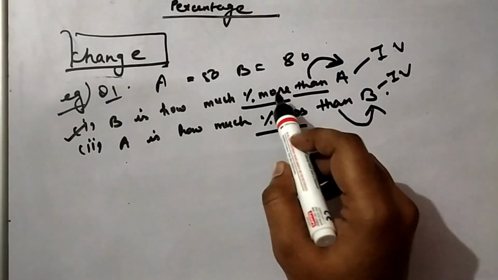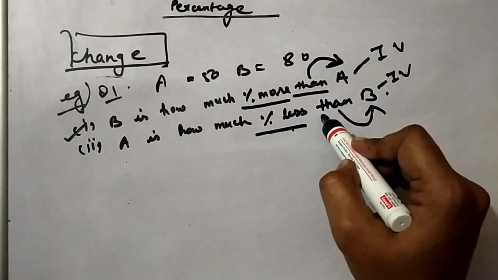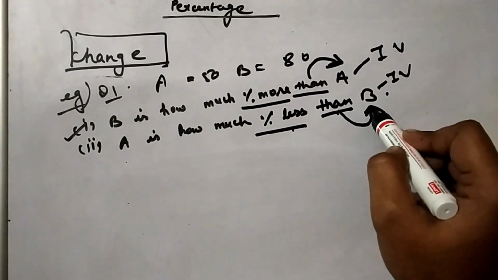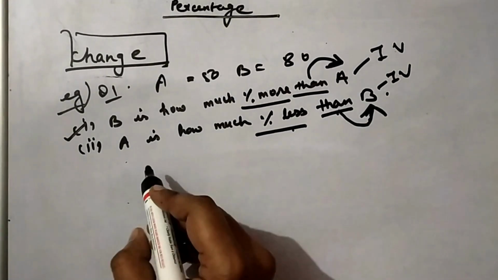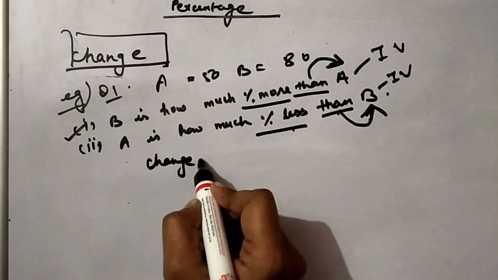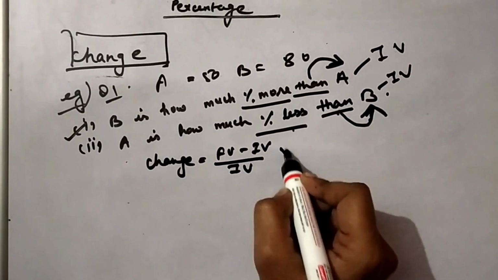After percent less and percent more, after "than", whatever value comes will be the initial value. It always becomes the initial value. We have to remember this. So what is the change formula? Final value minus initial value upon initial value into 100.